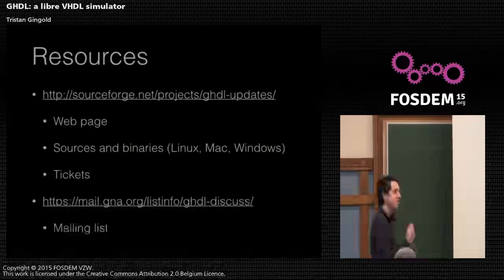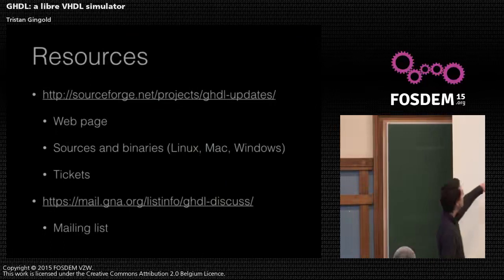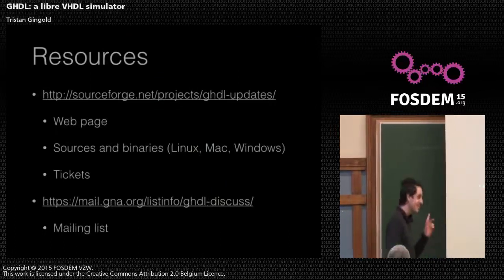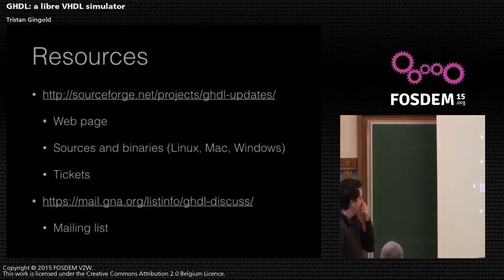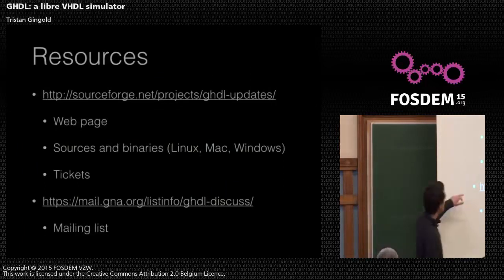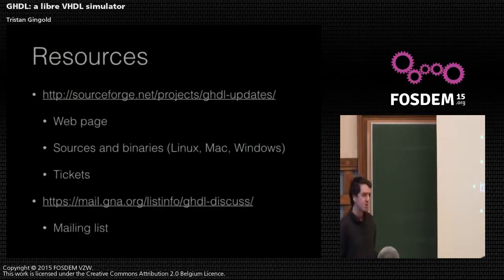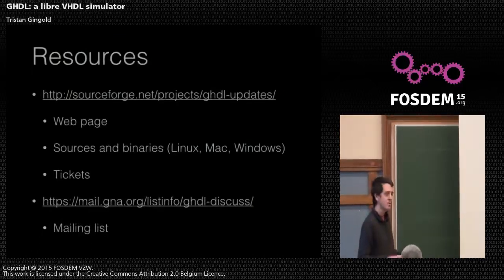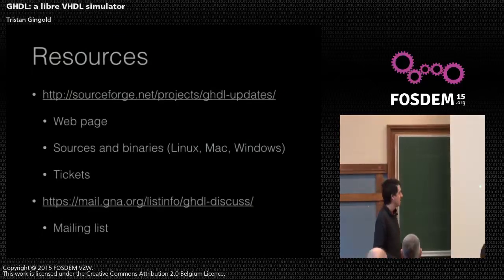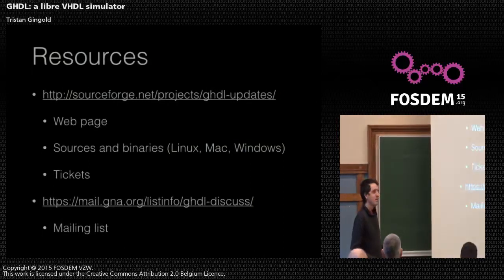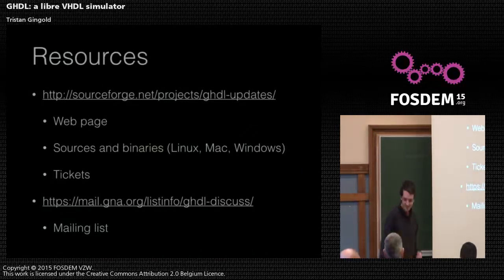If you have an issue, you can create a ticket on this website, and I'll read the tickets. The mailing list is still on the old site, but you can subscribe. If you want to post, you have to be subscribed, so there is absolutely no spam. If you don't want to subscribe, I have to manually allow your mail. It can take time.